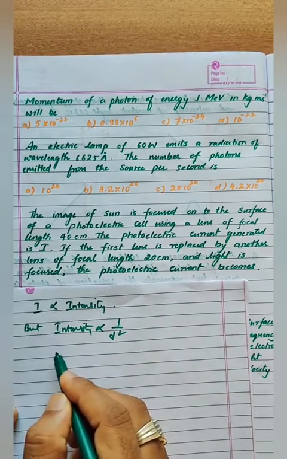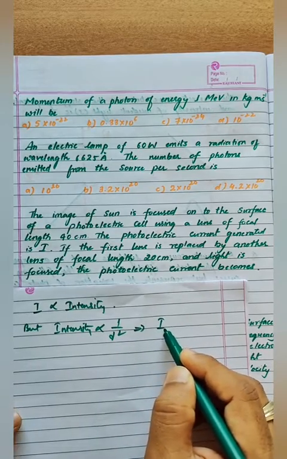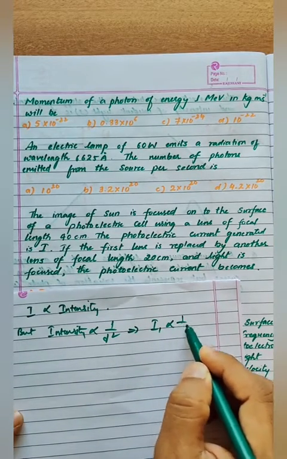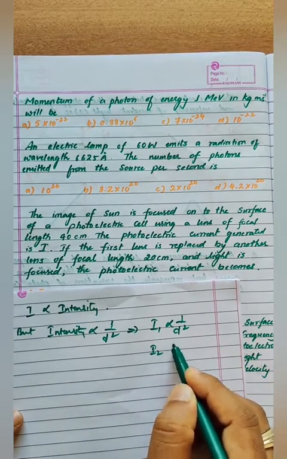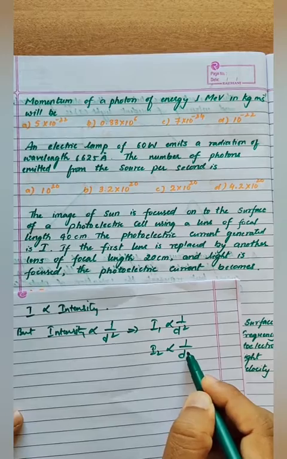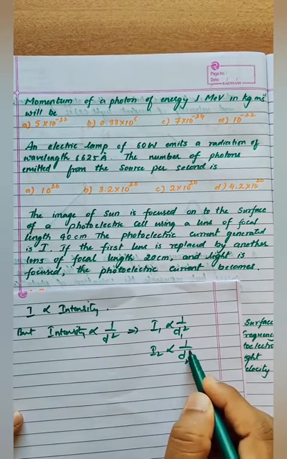Taking the first, I1 is proportional to 1 by d1 square, and I2, the new intensity I have to find, is proportional to 1 by d2 square.